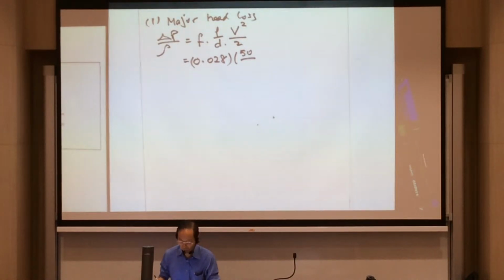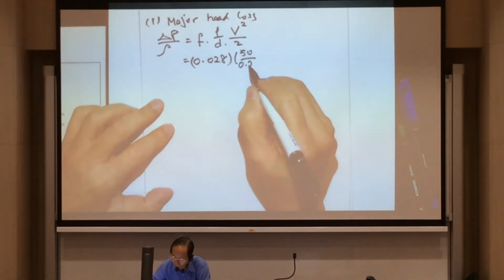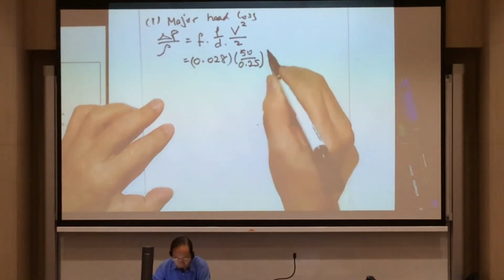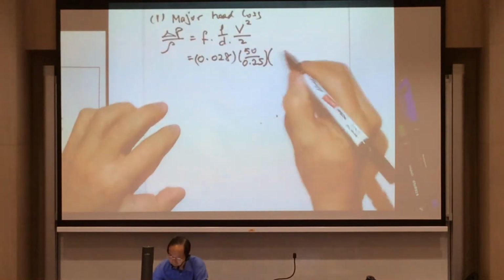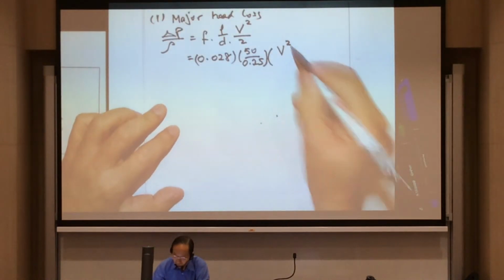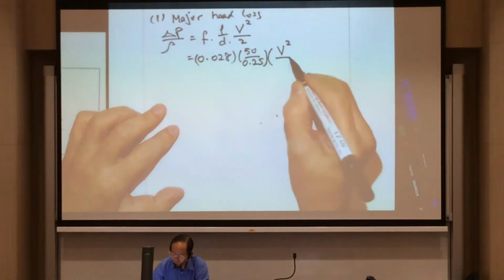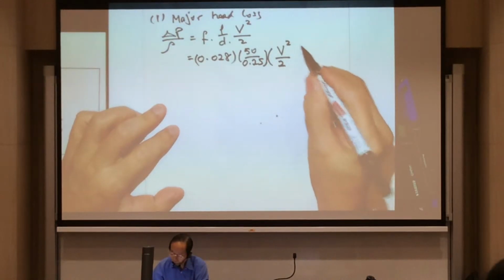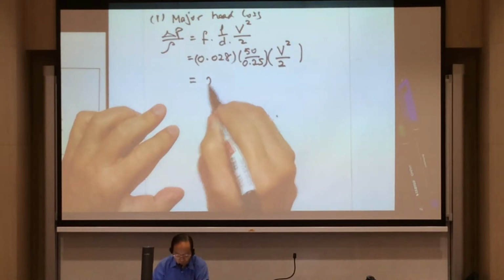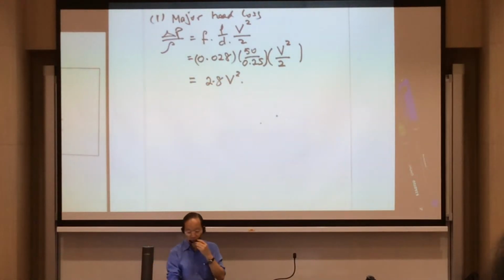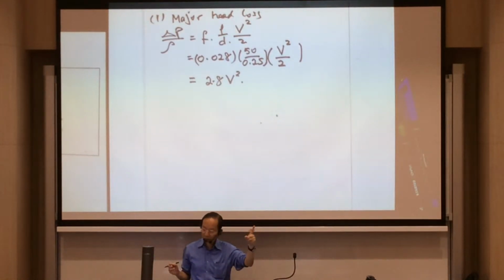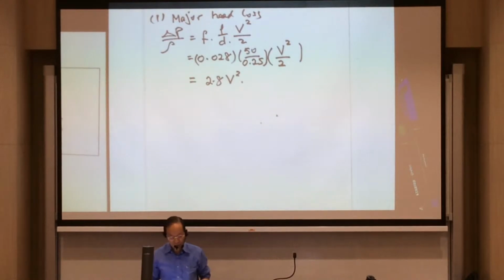Do we know V squared? Do we know V? We don't know V, right? So V squared, put it back there, over 2. Okay? And this works out to be 2.8 V squared. So we have got another equation involving V squared. First one is given, second one, we work it out.